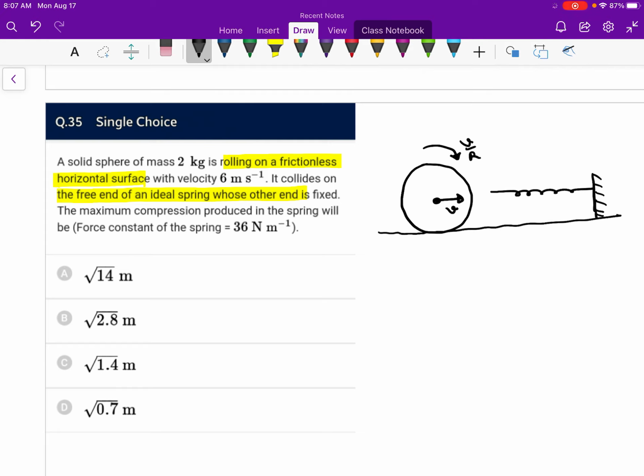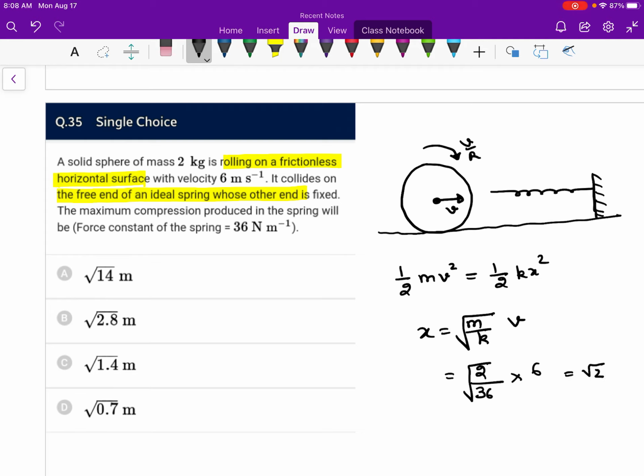So omega should not change. Okay, so according to me, only the translational kinetic energy should convert into maximum deformation energy, half kx square. So x is under root of m by k into v. So m is 2, k is 36 and v is 6.